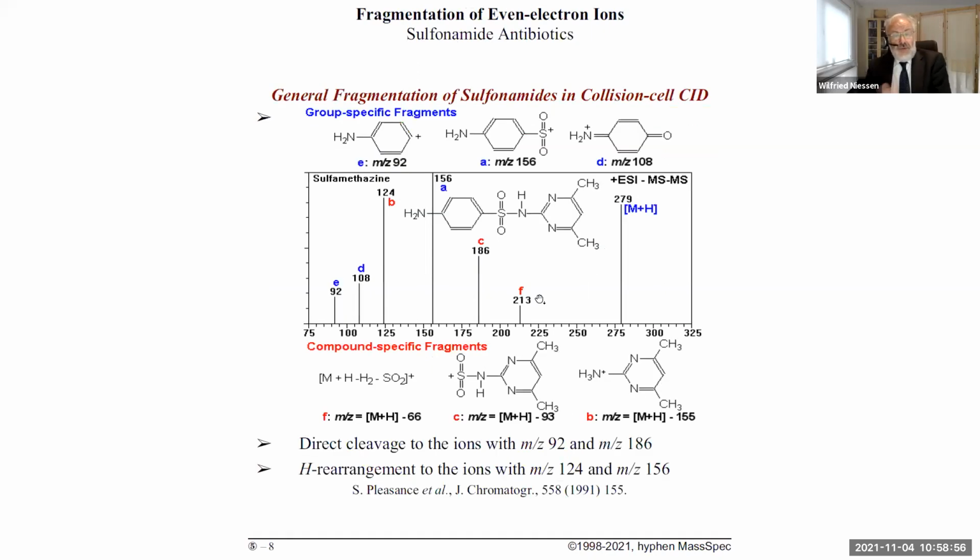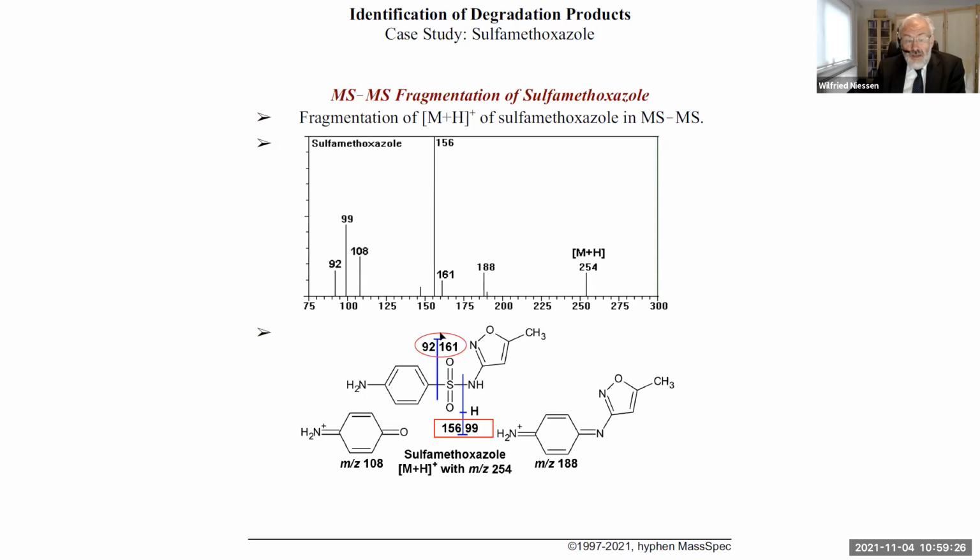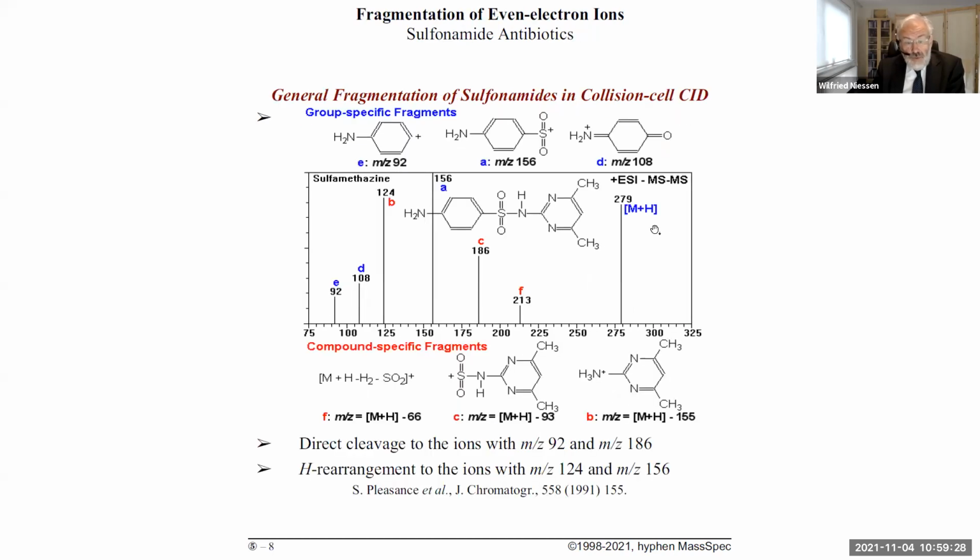A typical example which I want to discuss in this particular session is sulfamethazine, or sulfadimidine, two names for the same compound, which basically can show cleavage at this side of the sulfonyl, leading to the m/z 92 and the M+H minus 93. So this one, that is the 186 and the 92. And we know this will be a direct cleavage, so they add up to M+H minus 1.